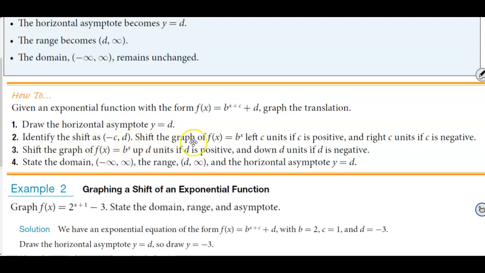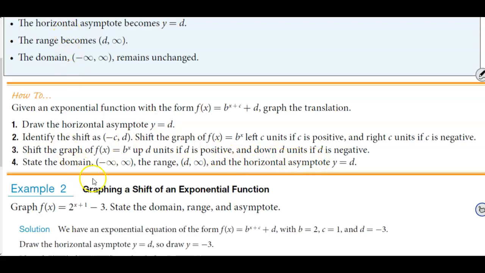We shift the graph of f of x equals b to the x left c units if c is positive, and right c units if c is negative. Then we shift it up d units if d is positive, and down d units if d is negative.